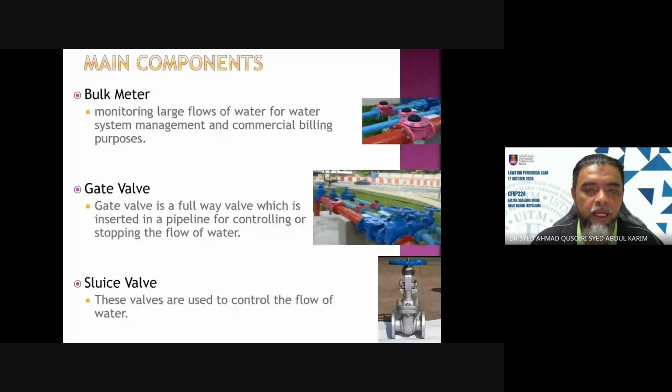Okay, or if there are any major damages to the pipes downstream, we can use the gate valve to shut down the pipes. And then we have other smaller valves such as the sluice valve, again being used to control the flow of water.